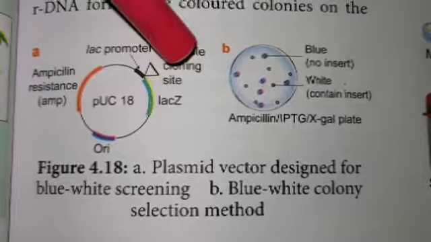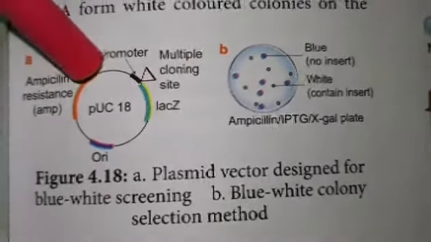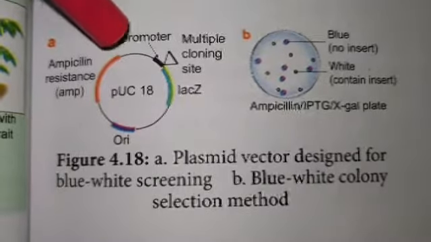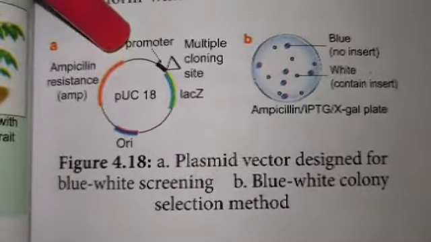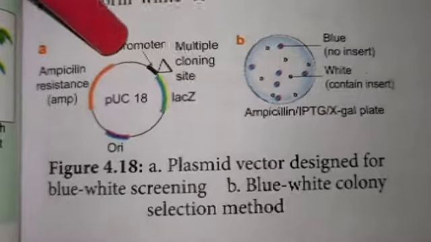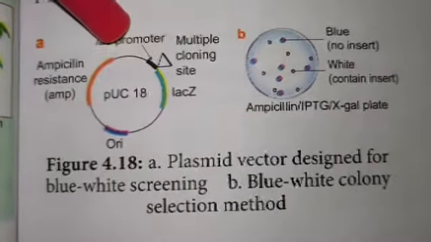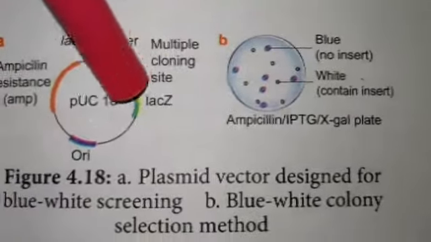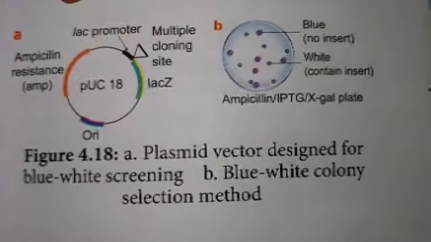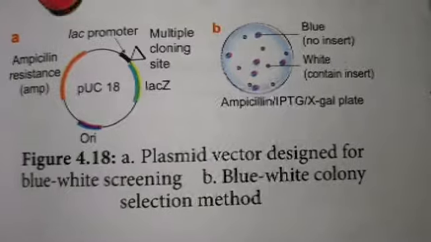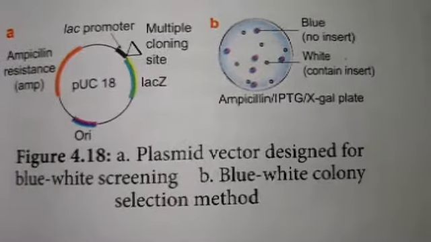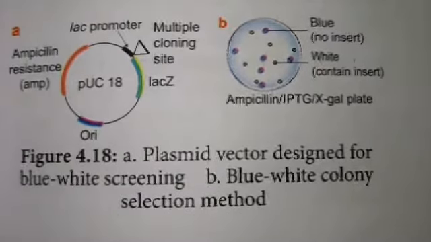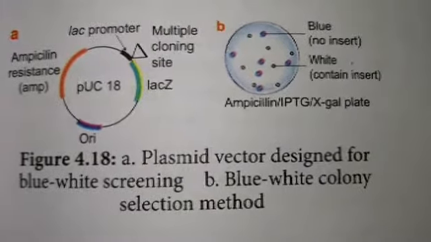If a foreign gene is inserted into the lacZ, this gene will be inactivated, and therefore no blue color is formed. It will be white because beta galactosidase is not synthesized due to inactivation of lacZ.